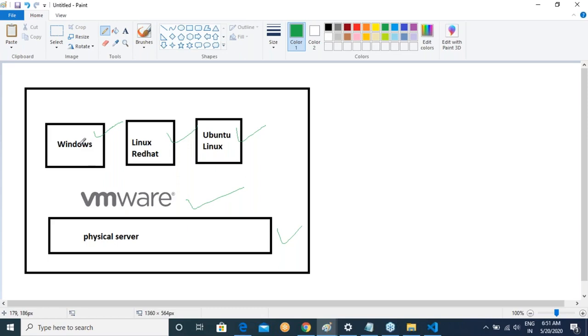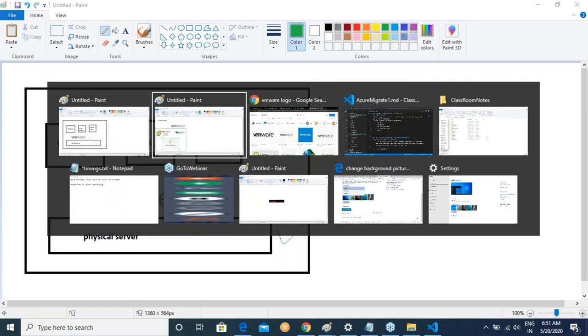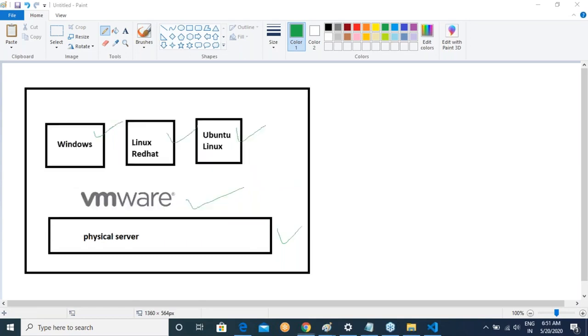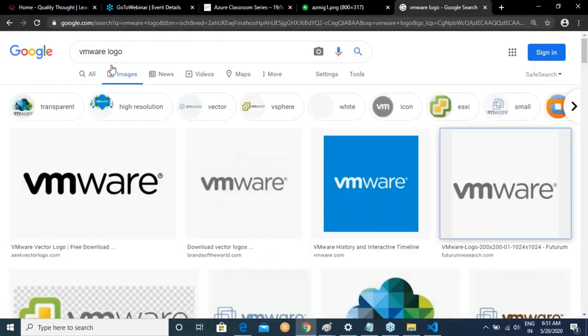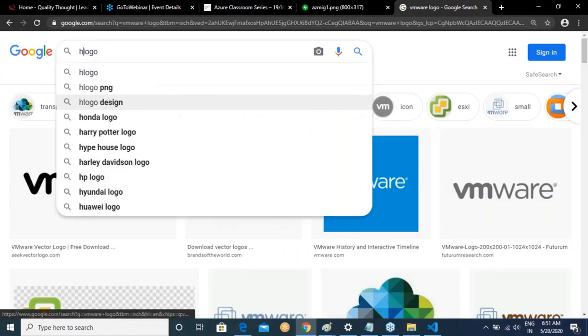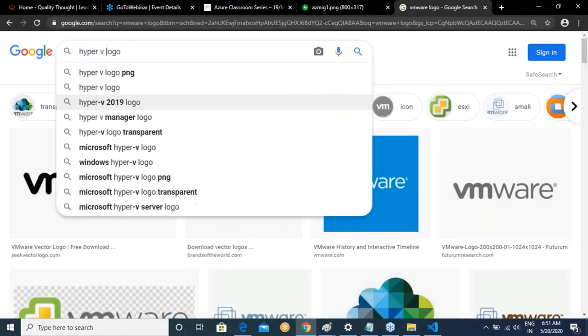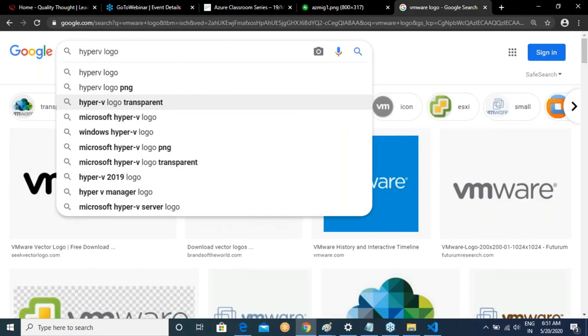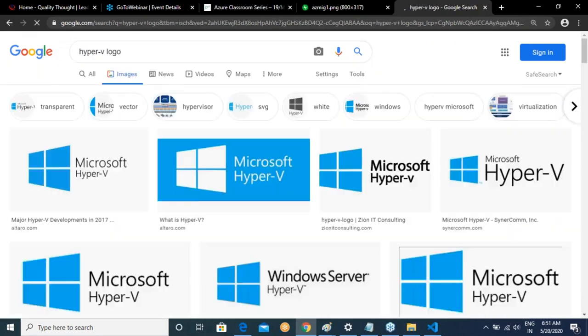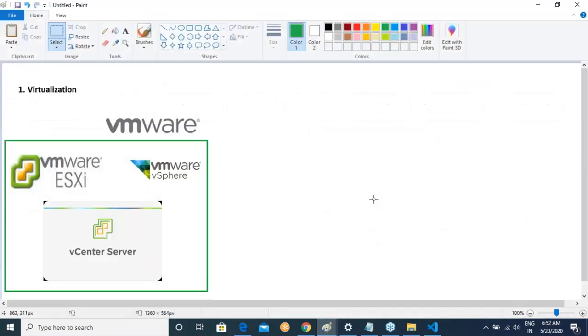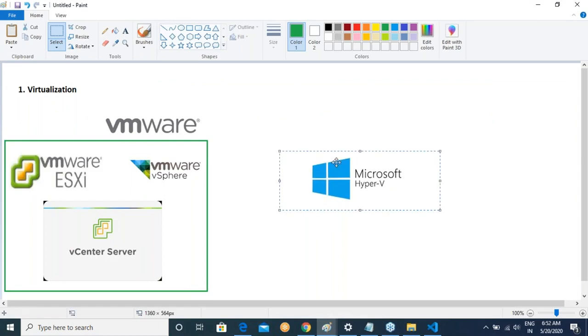Now your company might be using VMware. This is one way of looking at it. There is one more alternative, and this alternative is from Microsoft. That is Hyper-V. Okay. So Hyper-V is also a virtualization tool, so your company might be using Hyper-V.